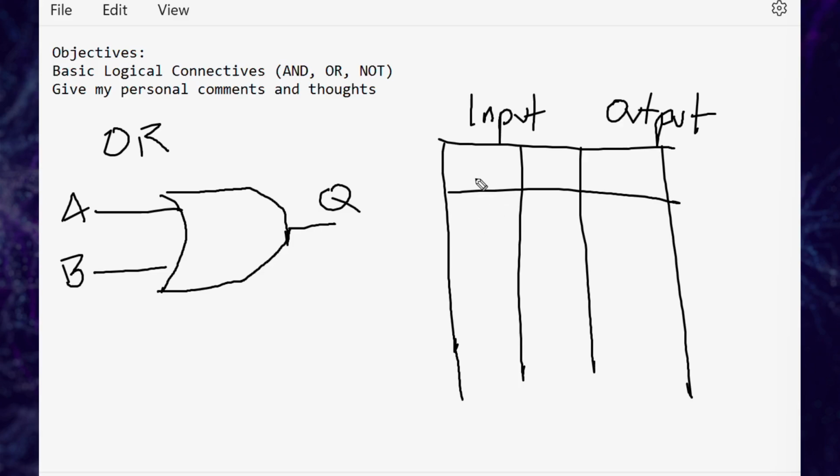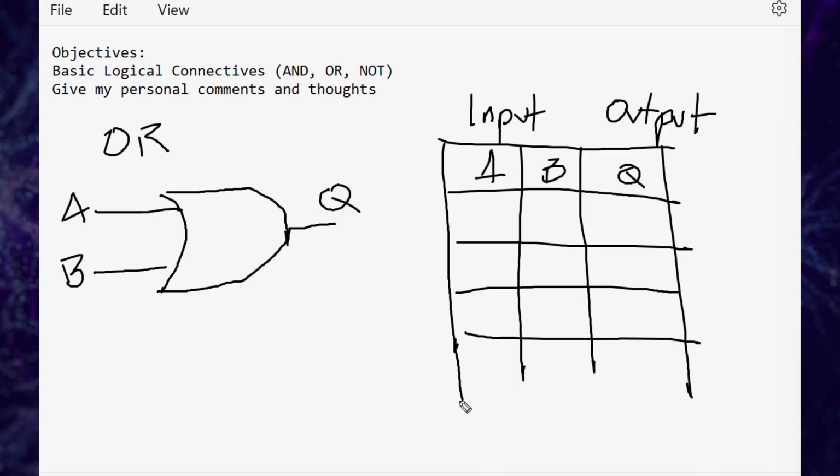So this is A, B, and Q: 0, 0, 1, 1, 0, 1, 0, 1. Why is it like this? This is all the combinations. If you have two inputs, you can get all the combinations of this. Anyway, we will talk about that later.